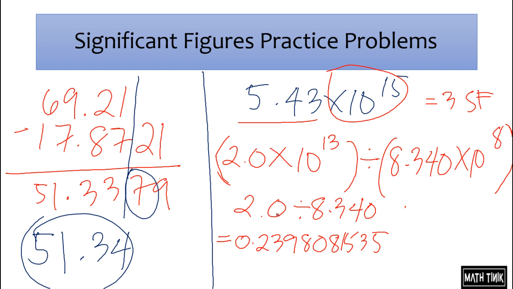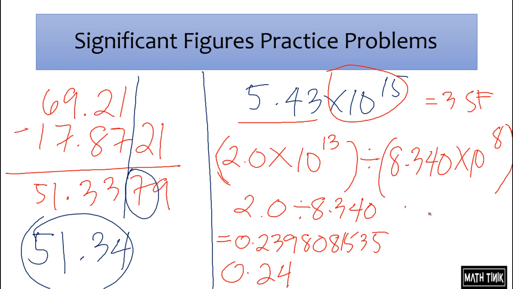So you have 2.0, which is 2 significant figures. So we take 2 and 3, and the number right next to it is 9, so you have 0.24.